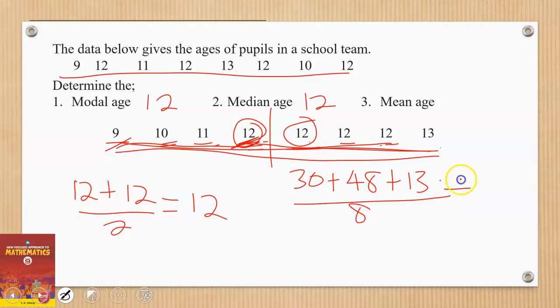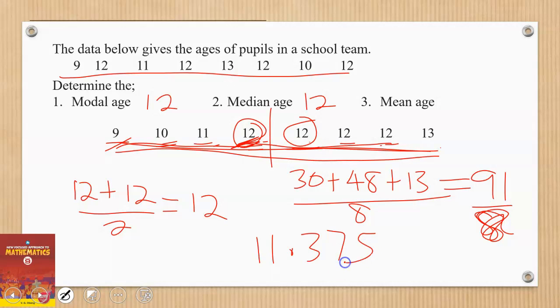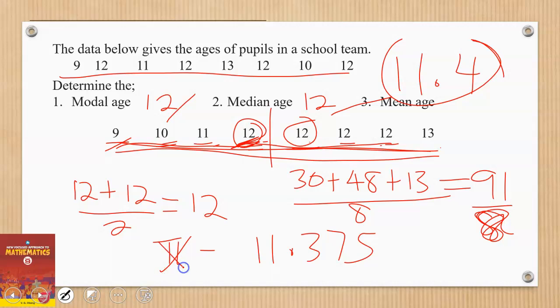The addition is going to give us 91. 91 divided by 8 will give us 11.375, so approximately 11.4. And you can see that is not far from the median and the mode. So the mean, according to the question, that is x bar, is equal to 11.4 or 11.375.